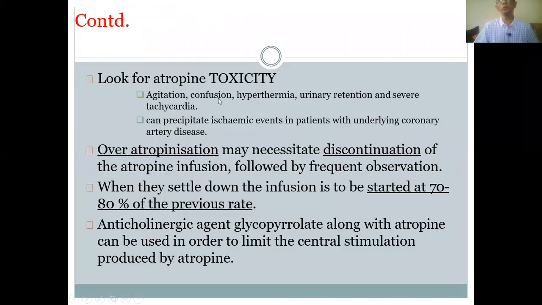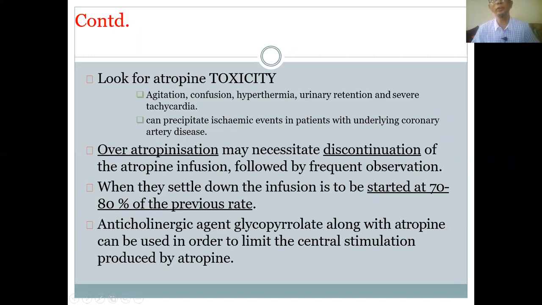But you have to look for any side effect or toxicity of atropine. What are those? Agitation, confusion, hyperthermia, urinary retention. Retention is also a feature of atropinization or toxicity, and severe tachycardia.